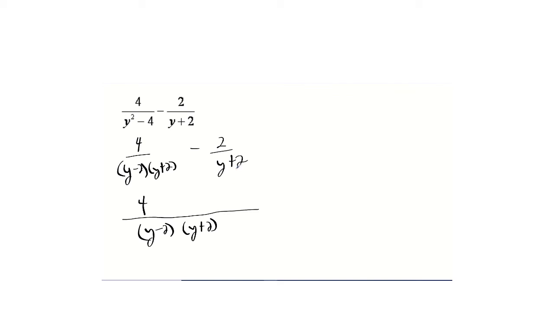This second fraction is over y plus 2, but I want it to be over y plus 2 multiplied by y minus 2. So the numerator here, you're going to have to multiply it by that missing factor, y minus 2. That's what I'd have to multiply this denominator by to make it become this.